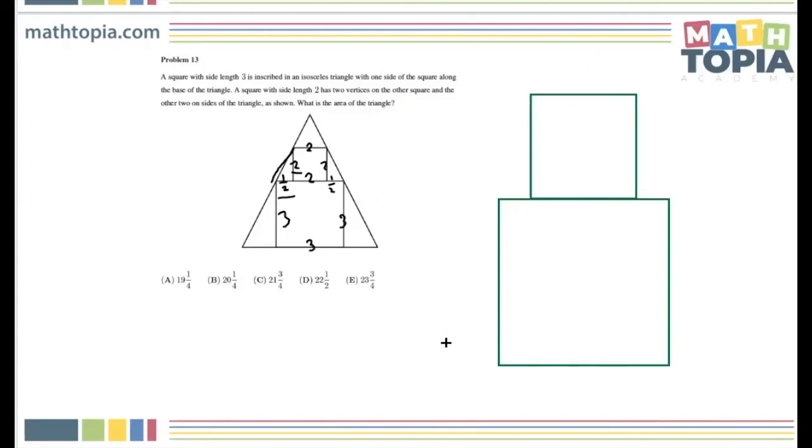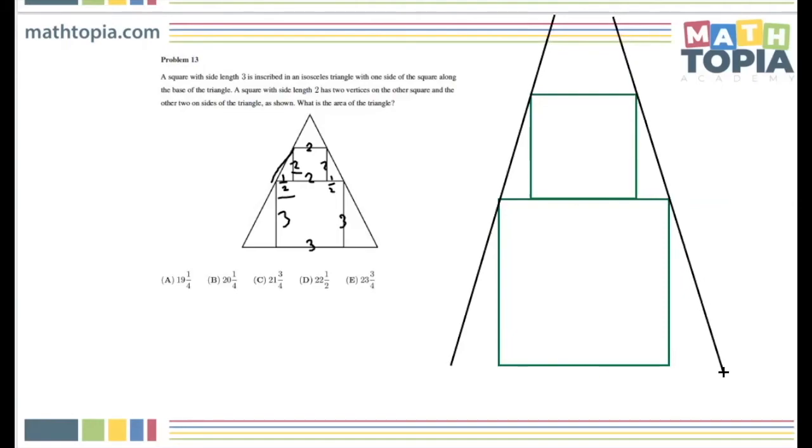So if we draw in this line, it goes up like that and comes down like this, but we don't need to see the tip of it anyway. So, right, we have 2 here, we have 1/2 here, 3 here, 3 here, 1/2, and 2.